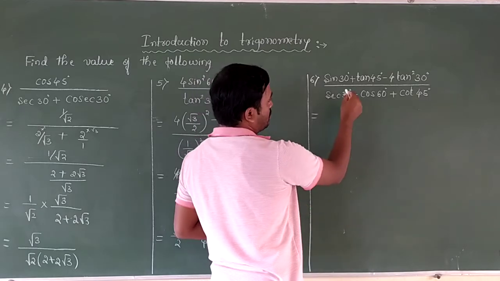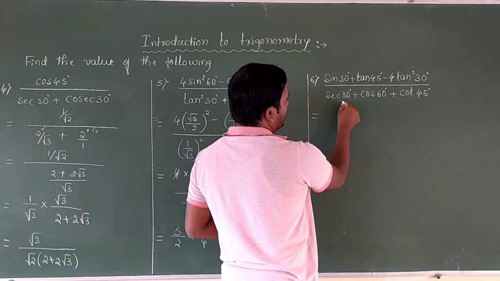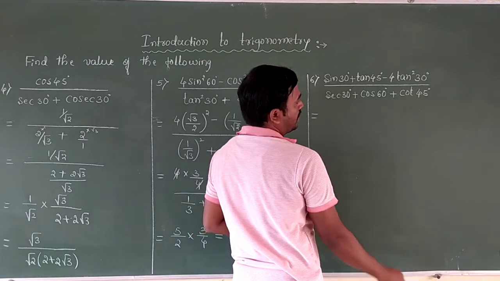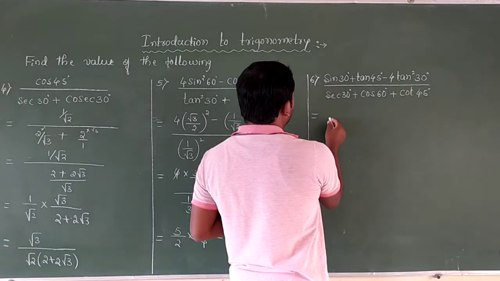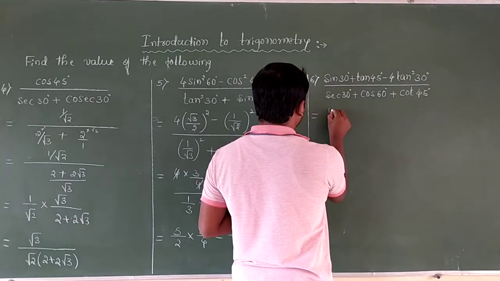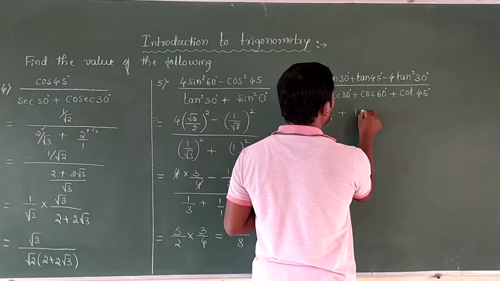Sin 30 degree plus tan 45 degree minus 4 tan square 30 degree divided by sec 30 degree plus cos 60 degree plus cos 45 degree, cot 45 degree. So sin 30 degree, we know it is 1 by 2 plus tan 45 is what? 1.